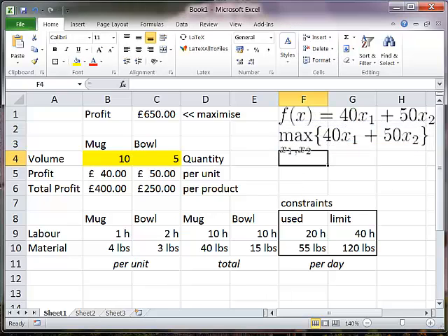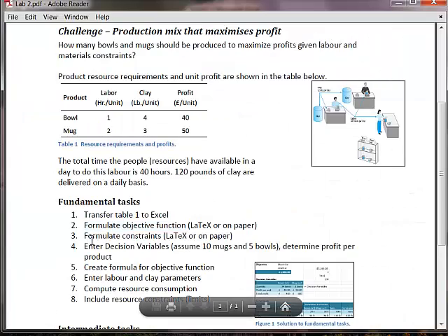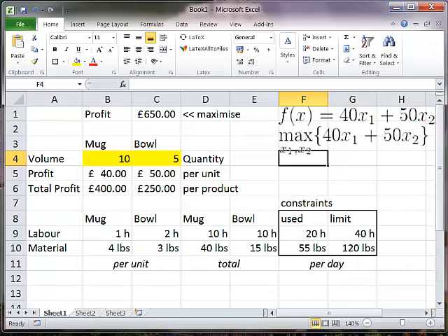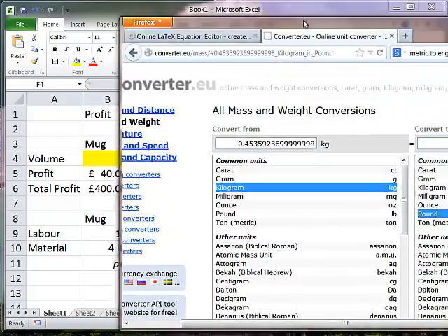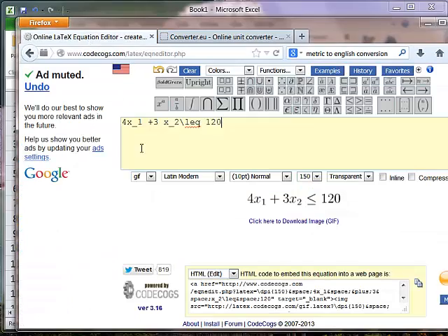What else should we do according to our specifications? Probably the constraints. Yes, formulate the constraints. Okay, back to the LaTeX editor. I've got it here already.